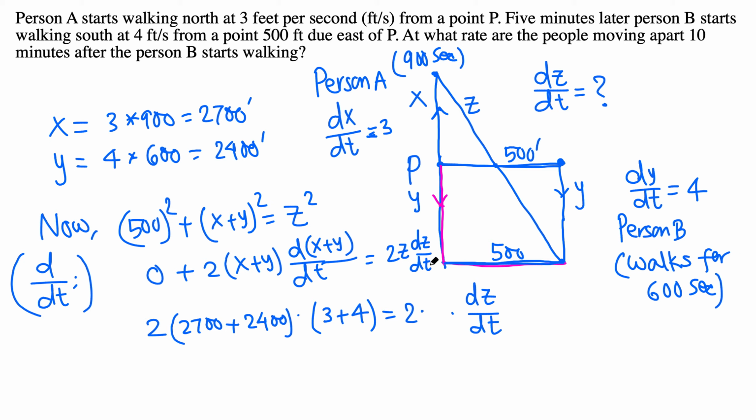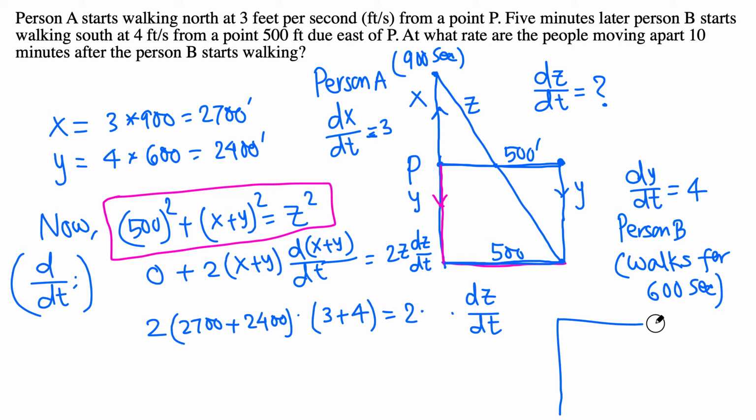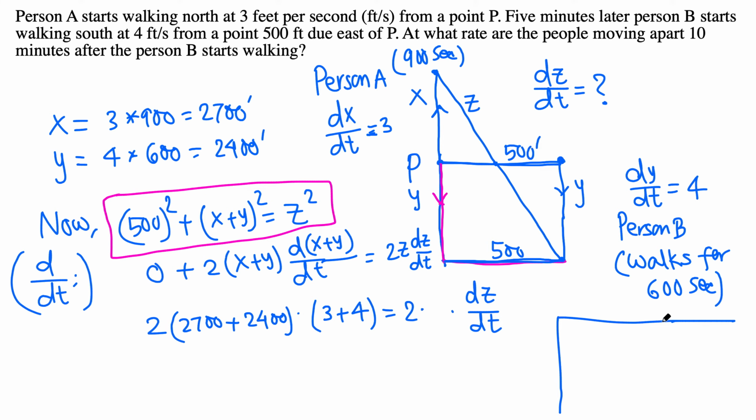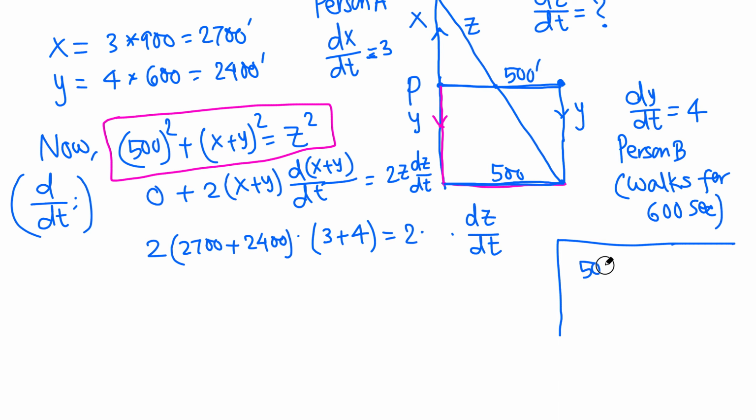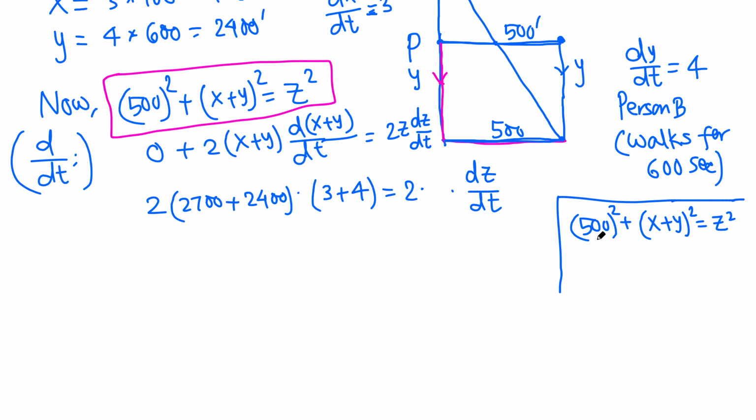Like other problems, when something is missing, we need to use the same relationship again. This is the only relationship among the variables, so we use it to determine the missing variable g. So we have 500 squared plus (x plus y) squared equals g squared.